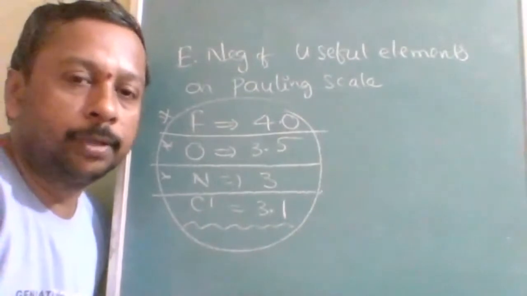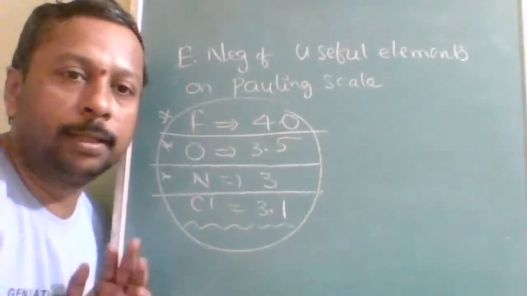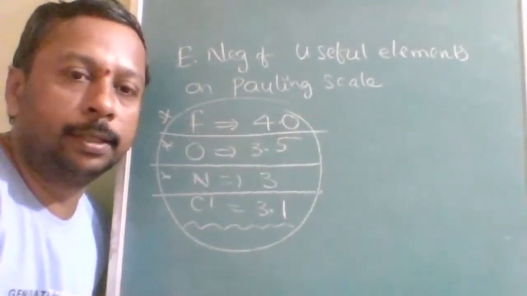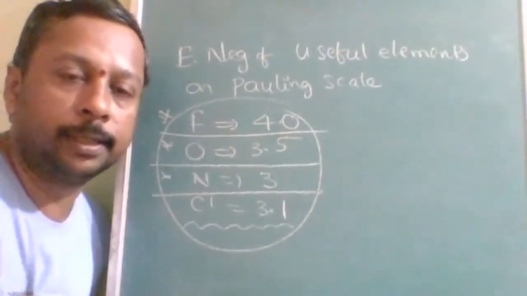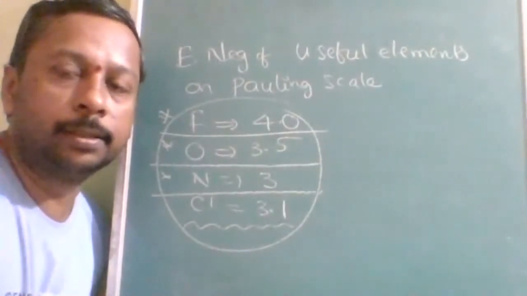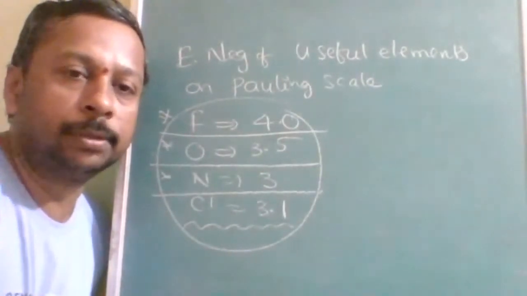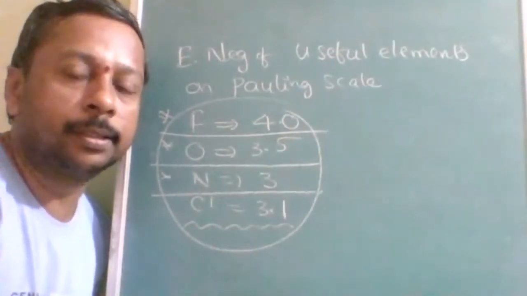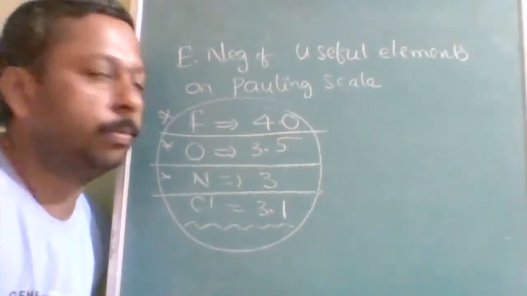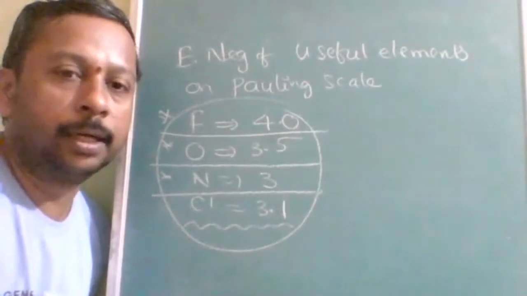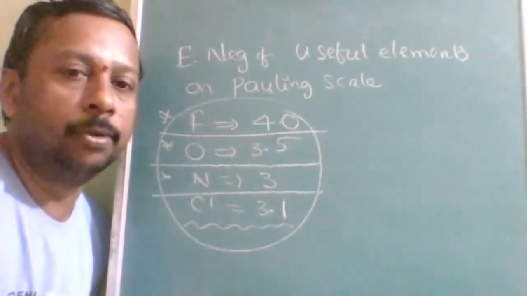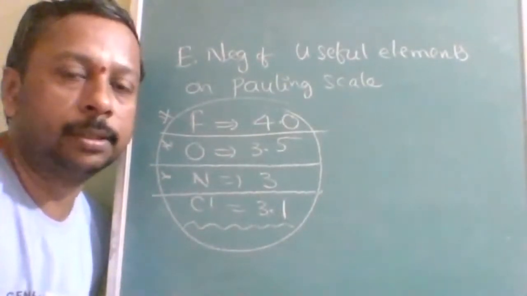Actually, these values are not given in the periodic table, but don't think that they are not in the syllabus. They are in the syllabus, but not in this chapter. You will find these values in 12th class, in the p-block elements. When you study the 16th group, you will know the electronegativity of oxygen.